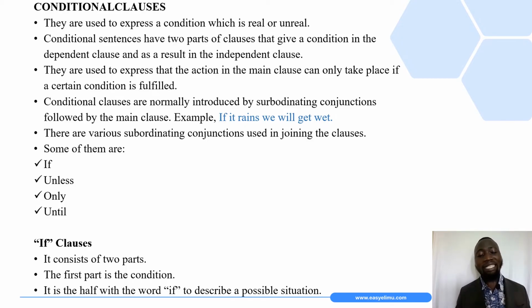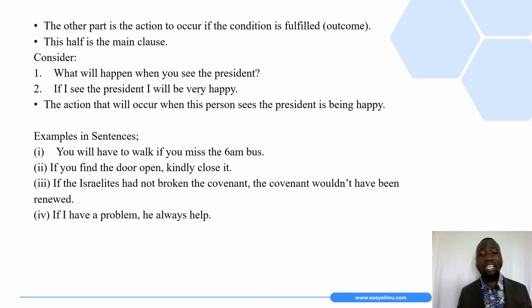The first part is the condition. It is the half having the word if to describe a possible situation. The word if is introducing a possible condition. The other part is the action to occur if the condition is fulfilled.